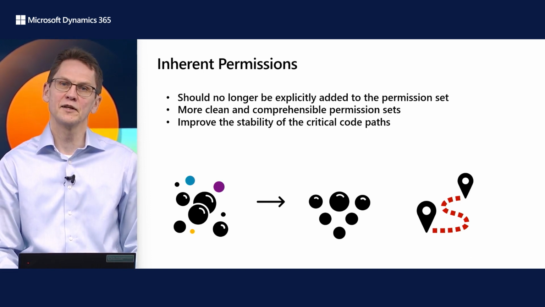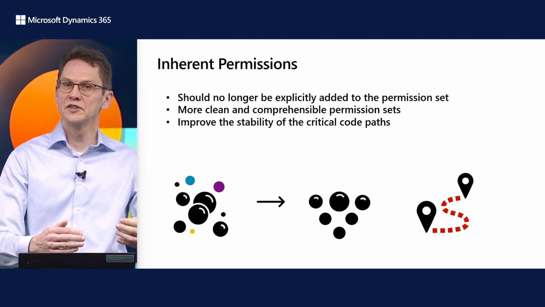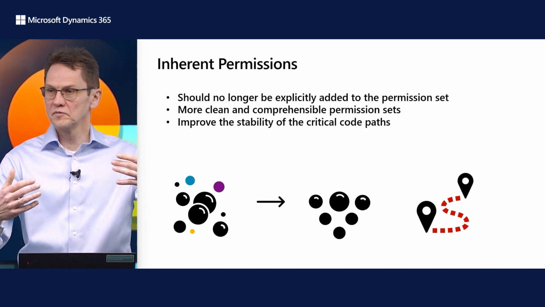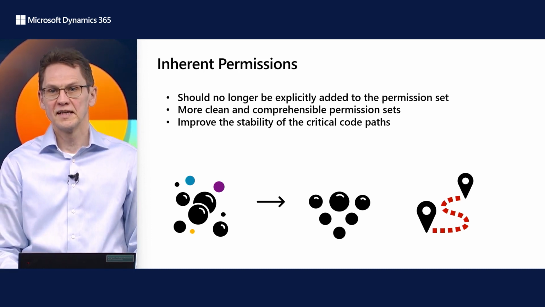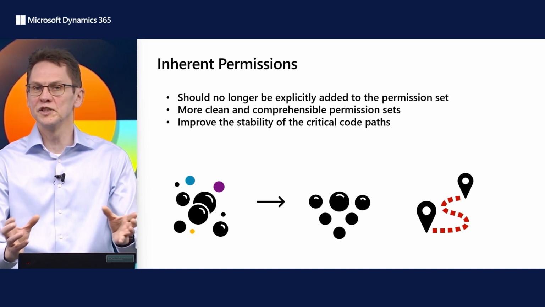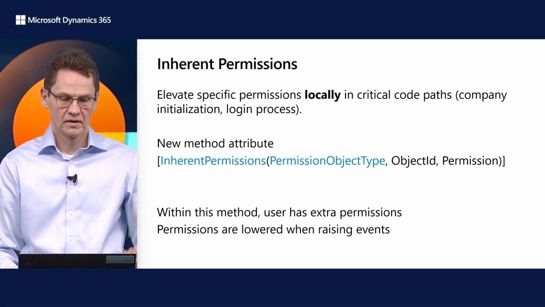Examples of this can include reading general ledger entry to find the latest date, to get the default work date. You don't want to give the user the ability to read general ledger entries just in order to get to that date. So that can be attributed with this inherent permission, and then it cannot fail regardless of what permissions this user has.